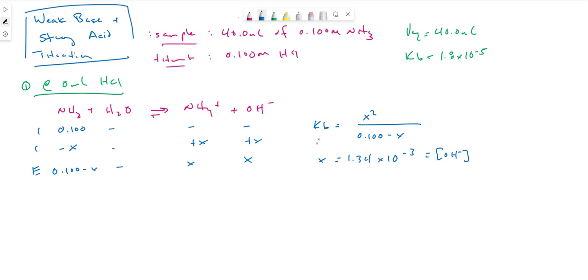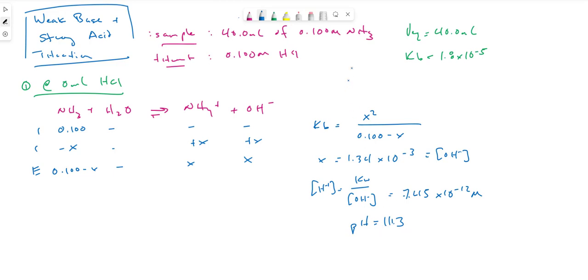We plug in Kb, solve for X via an approximation, and check that the approximation is valid. X here is equal to the hydroxide ion concentration, so we need to use Kw to convert that to H plus before we can take the negative log to figure out pH. Do that and you get a value of 11.13 for the initial pH.